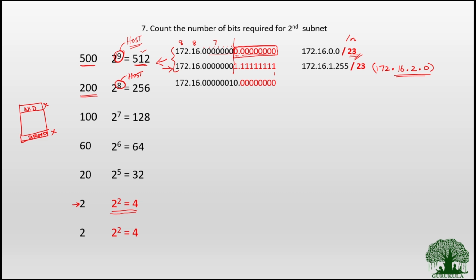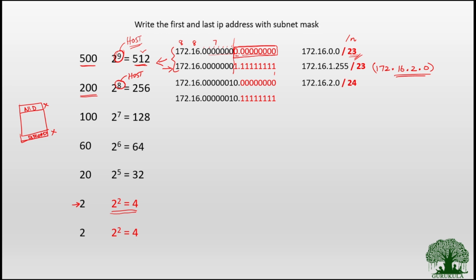So I will keep the network part constant, which means the black color part has to be kept constant, and the red color part has to be varied up to the last number, which means all ones. So my IP address block will vary from all zeros to all 1. You can observe that the red color is varying from all zeros to all 1.